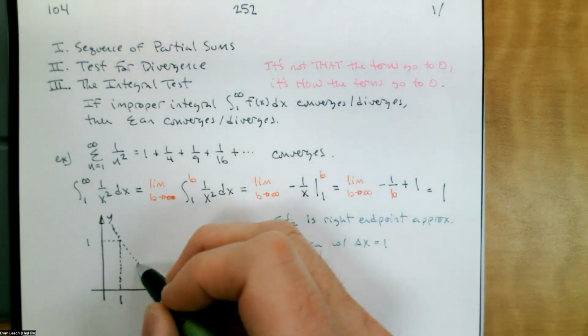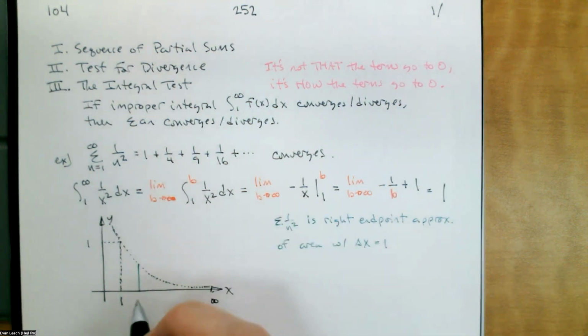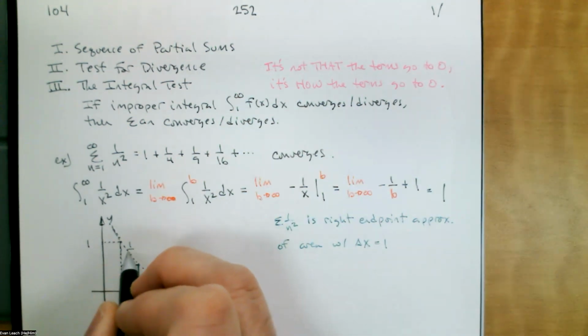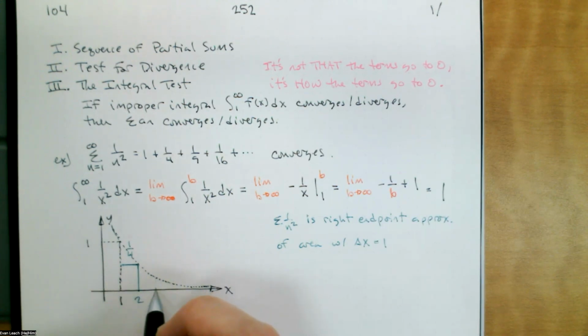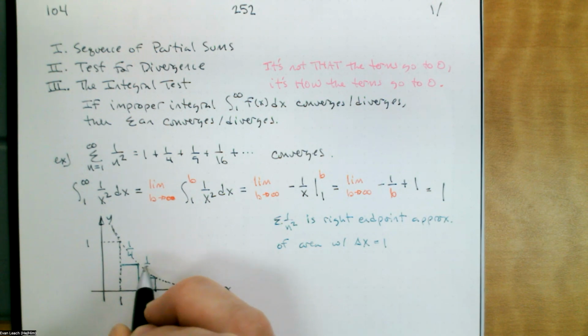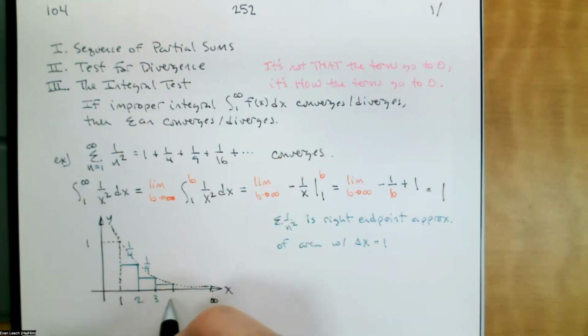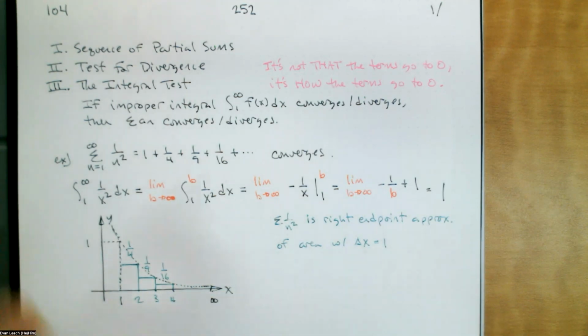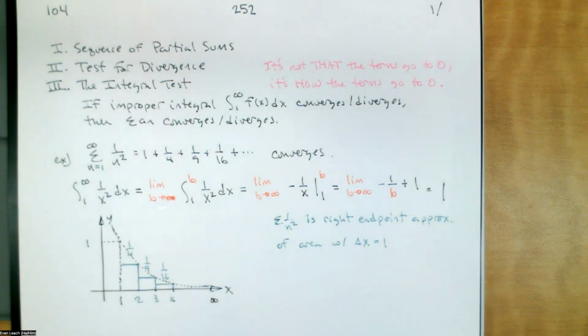So if I have this first delta x at 2, this area is 1/4. And then at 3, this area is 1/9. And then at 4, this area is 1/16. And we can see that we are underestimating the area.